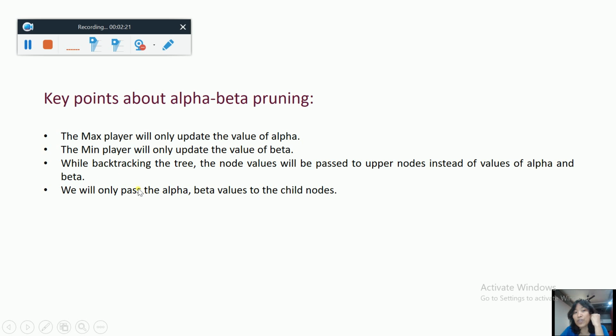Means whenever we go backward and the nodes get updated upwards, only the values of the nodes get updated, not the alpha and beta values. Alpha and beta values only pass to the child nodes. So these are the four key points we need to take care of while solving the problem. So let's start.